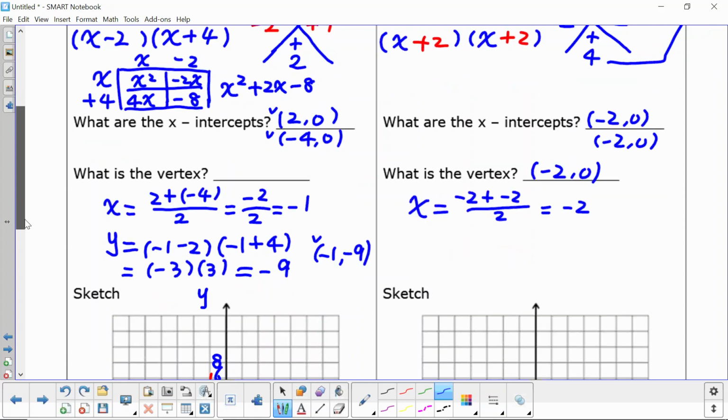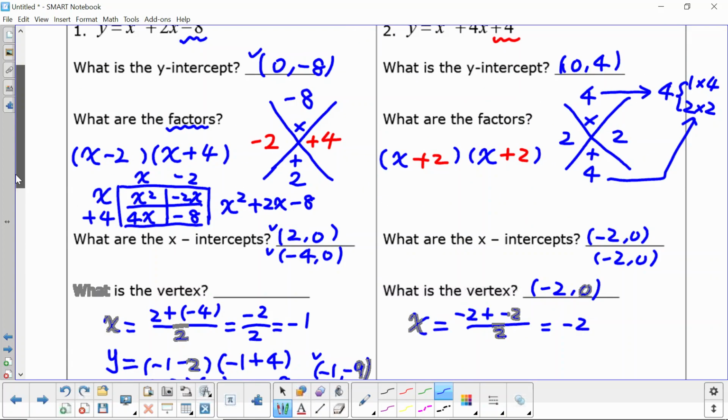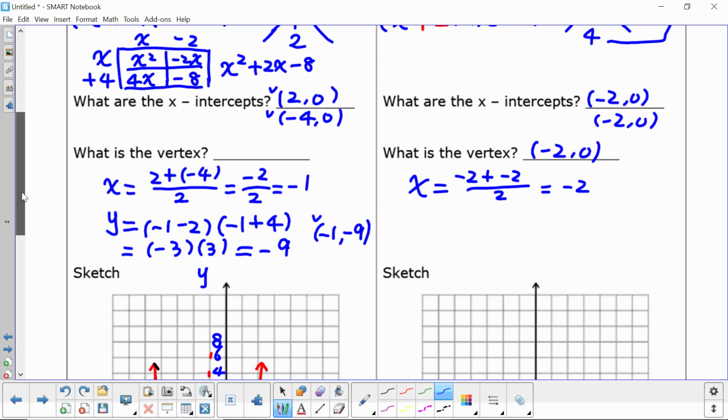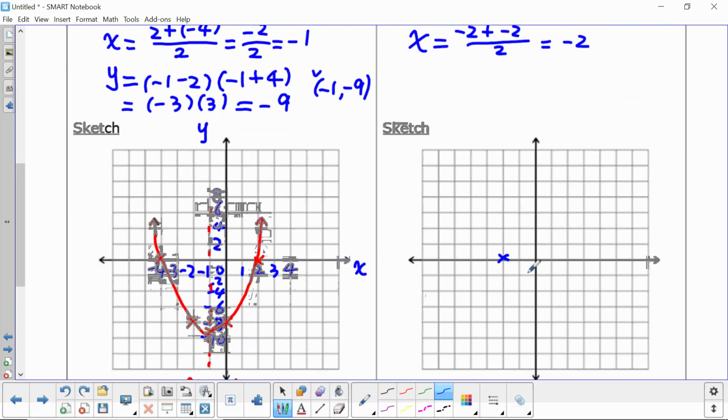So this one actually has only 3 points. Negative 2, 0 is here, and the y-intercept is 4. So we label this one 0, 1, 2, 3, 4, negative 1, negative 2, negative 3, then negative 1, negative 2, negative 3, 1, 2, 3, x, y.